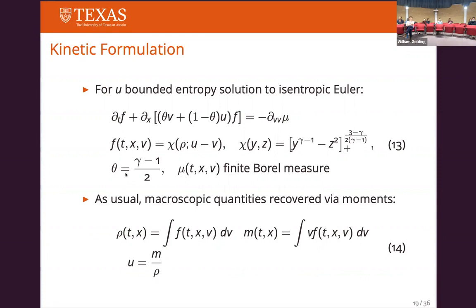And this is for any gamma. But one thing to notice is if gamma equals 3, theta equals 1, and this term goes away. And if theta is 1, this is velocity times dx of f. This is why we can do gamma equals 3, because it looks kinetic, actually.